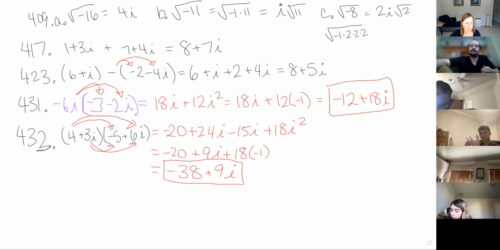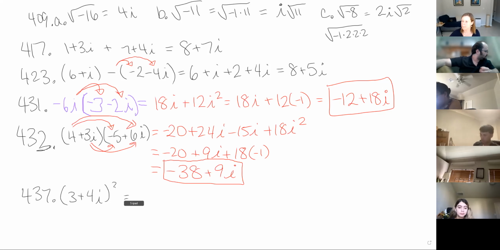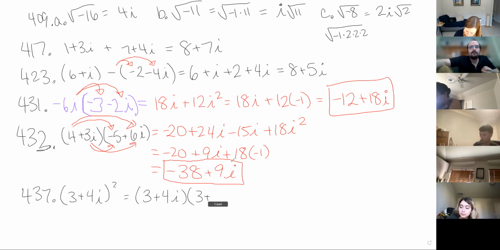Okay, let's try 437. I am at Fernanda. I didn't get to this one, but wouldn't you write it twice instead of the square? Good, yeah, usually it's helpful for students to write it twice so they can see the distribution. And then multiply the 3 and 3.